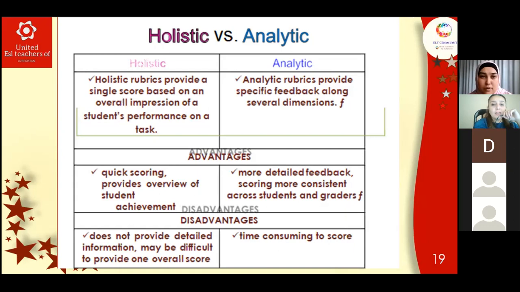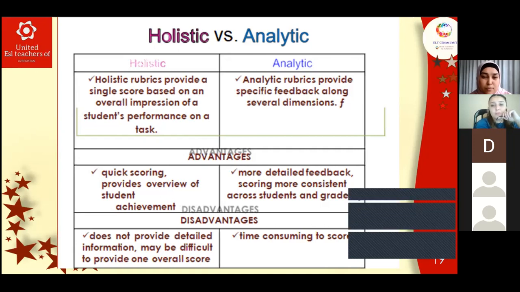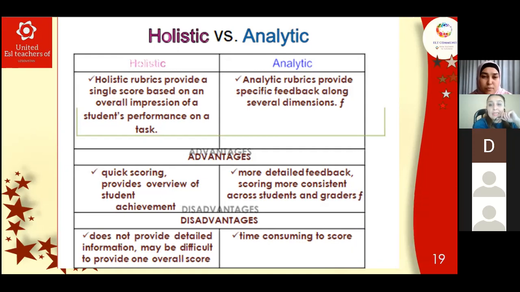The advantages of a holistic rubric are quick scoring and an overview of students' achievement. But the advantages of an analytic rubric are more detailed feedback and scoring that is more consistent across students and graders. That means using analytic scoring gives teachers more principle to be exact or to prove their answers more clearly, or more statistical, I can say.